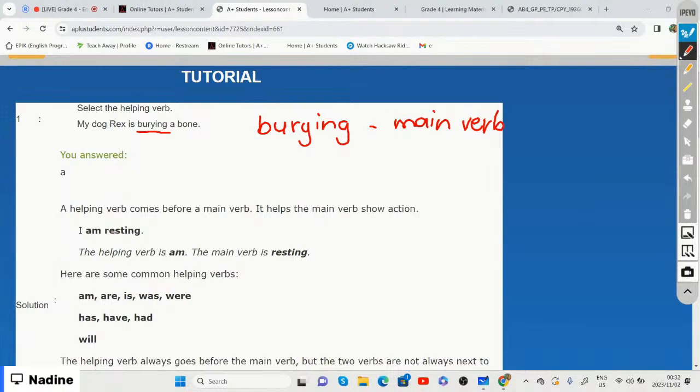And if we identify the helping verb within that sentence, then we can say is is the helping verb. So my dog Rex is burying a bone. Yes, so is is the helping verb, and burying is the main verb.